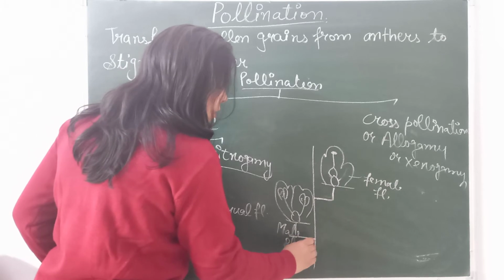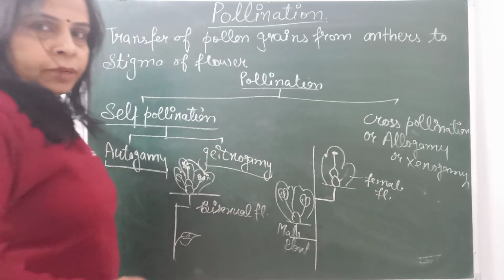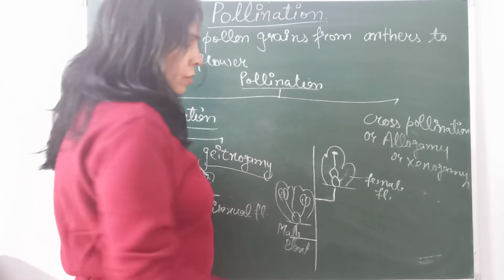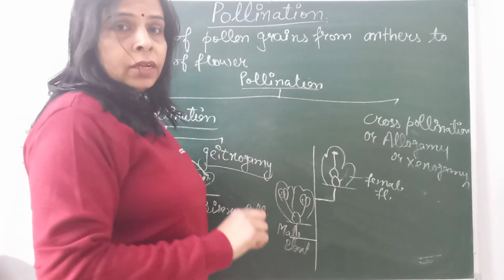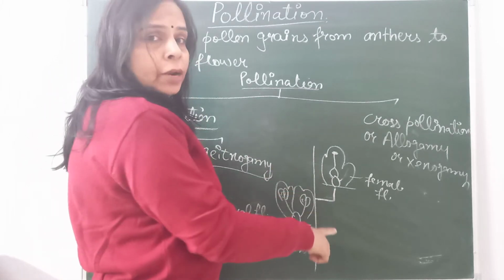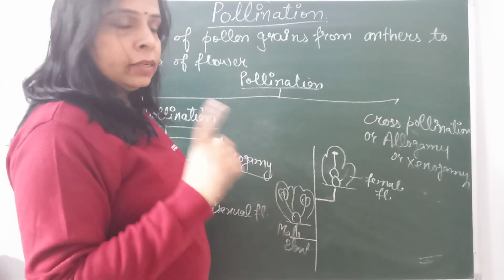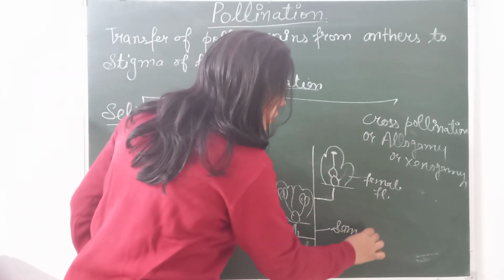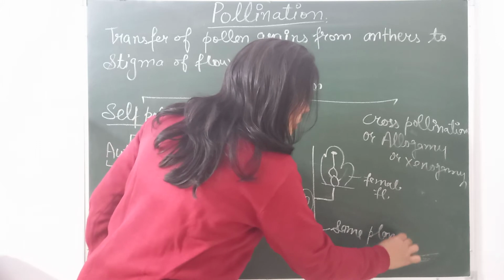Okay? It is possible that a plant is bisexual because it bears both kinds of flower, male flower as well as female flower, but the flower itself is unisexual. It bears only one part, either male or female, right? But they are present on the same plant.